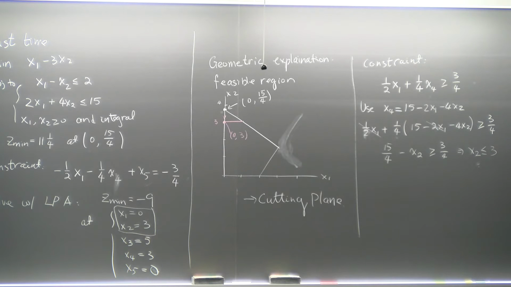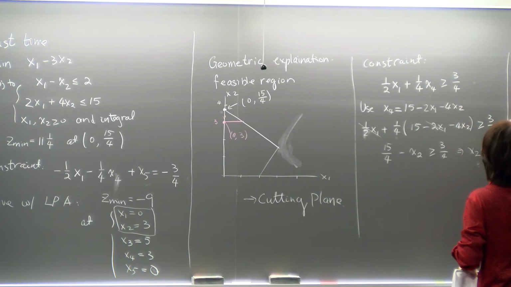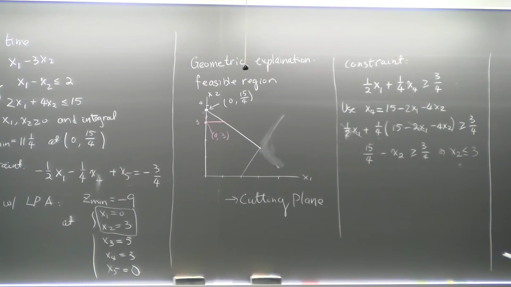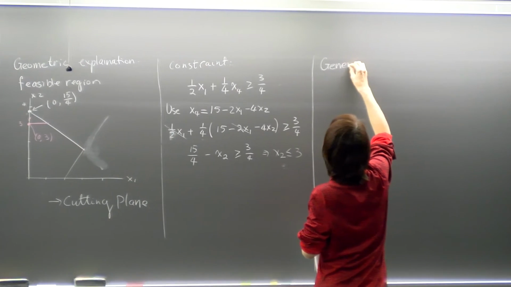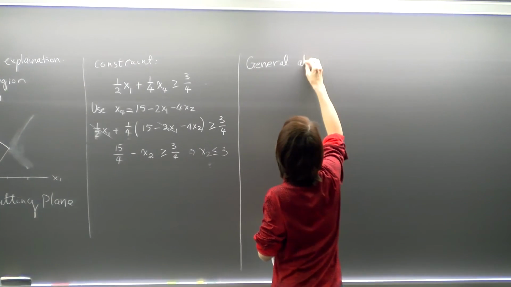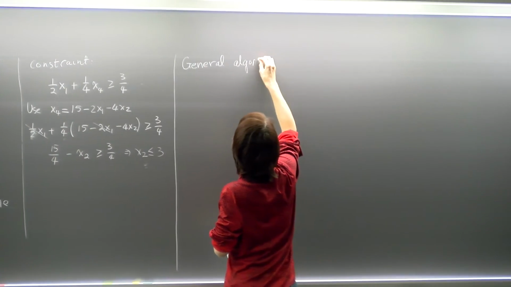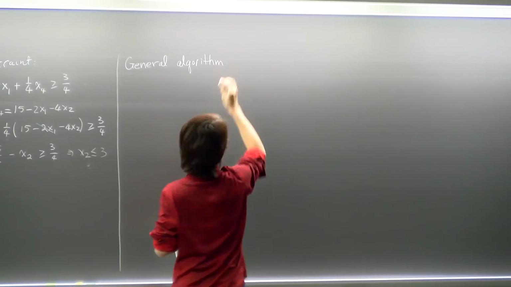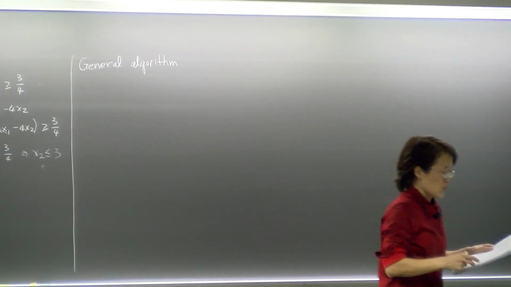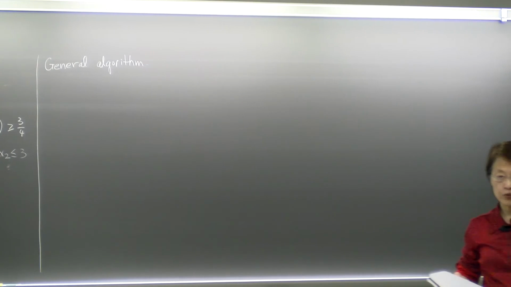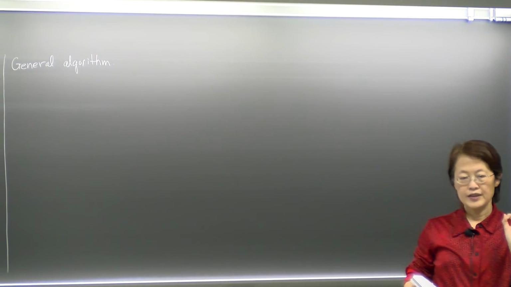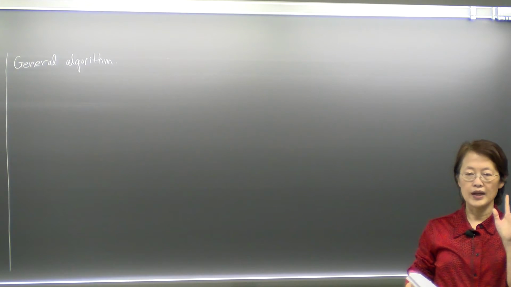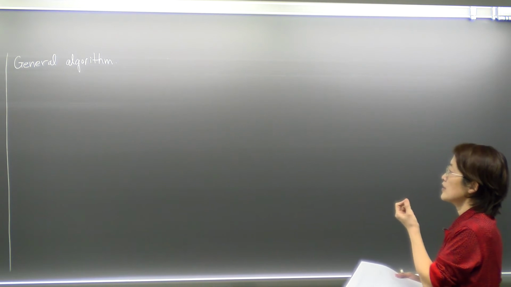Now let's talk about the general algorithm, because this is just an example. Okay. So I think the whole approach is clear for us, right? We solve it without thinking about the integral constraint by LP, and we find the solution.